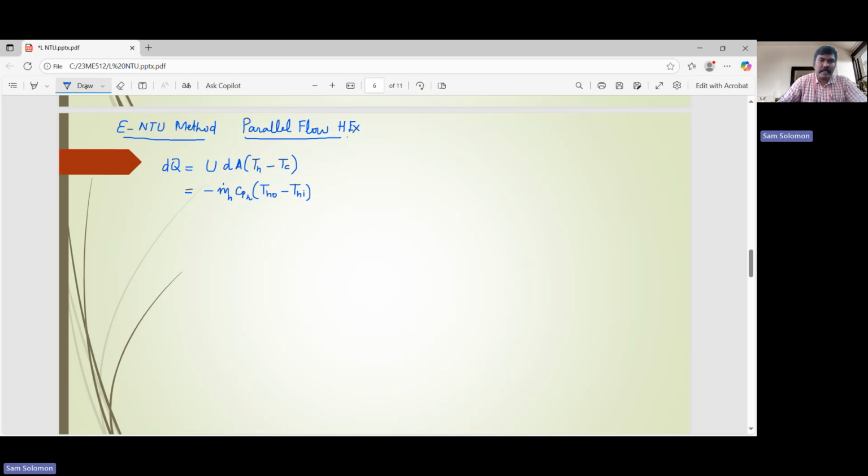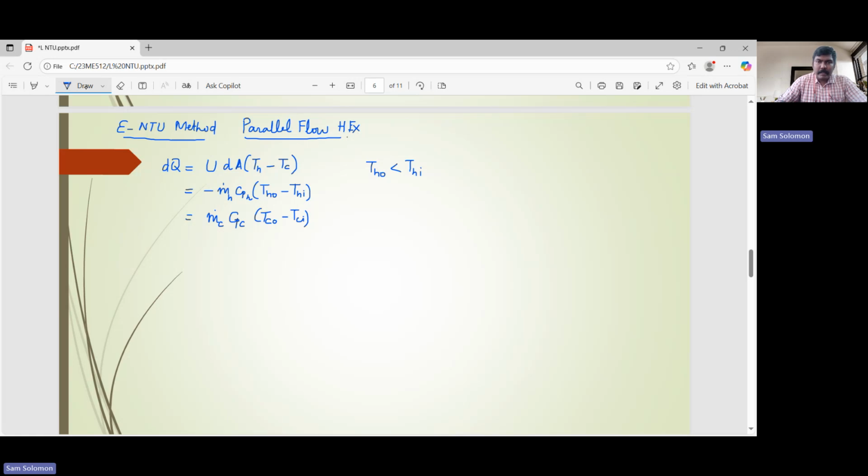This THO is lesser than THI, so you would be getting a negative value for the heat transfer. To compensate for that, we have introduced a minus sign here. And this dq can also be written as m dot c CPC times (TCO minus TCI).